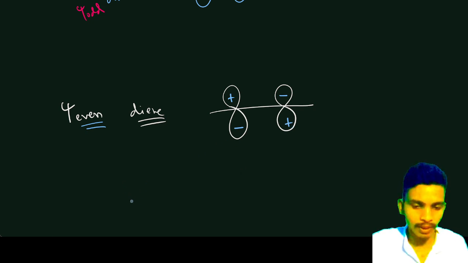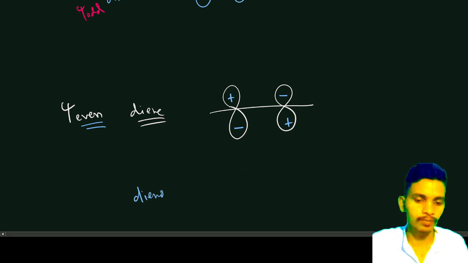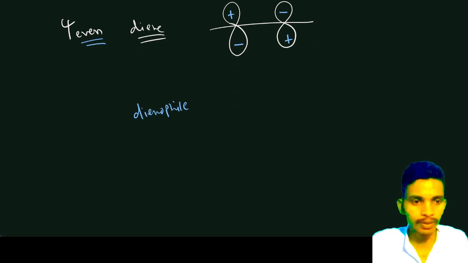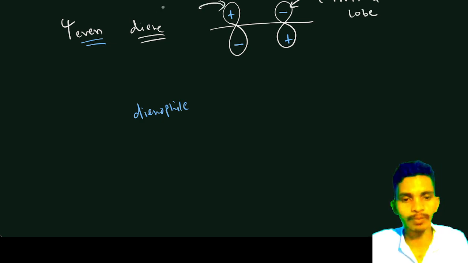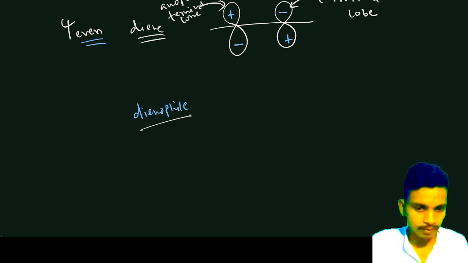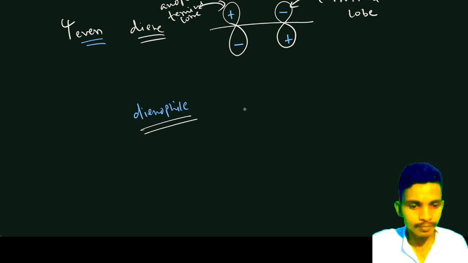Now for the dienophile, the terminal lobes I can draw here. Note that these are the terminal lobes, this is a terminal lobe, this is also another terminal lobe of the dienophile.